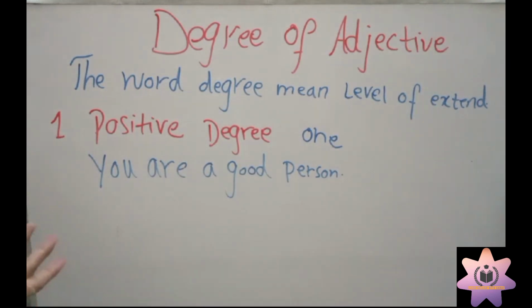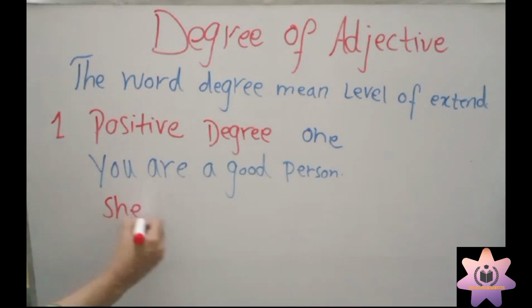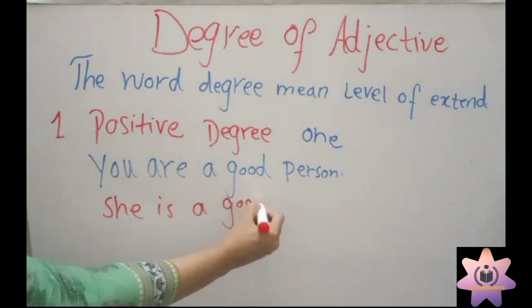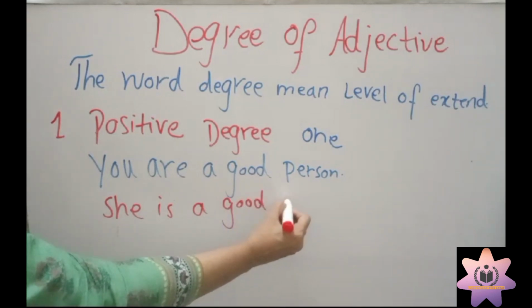You are a good person means positive degree. Comparative degree is for two: you are better than him. When we compare, it is comparative degree. She is a good girl is positive degree.